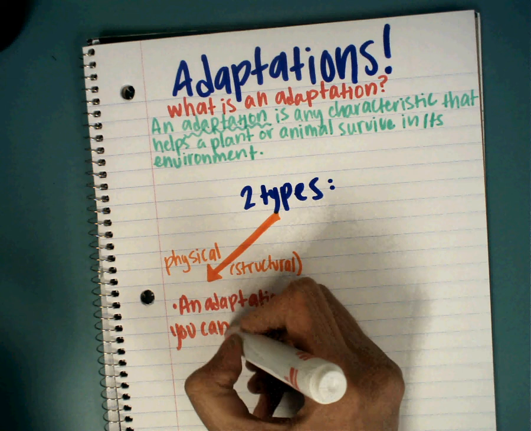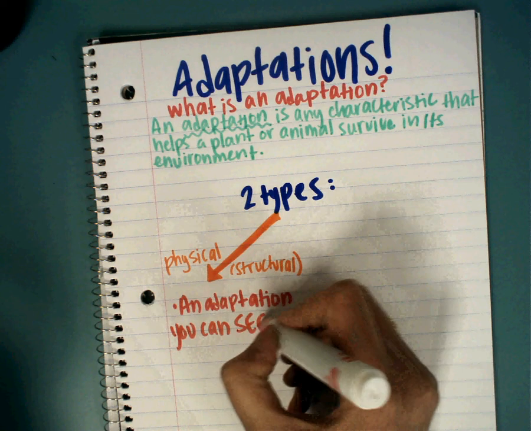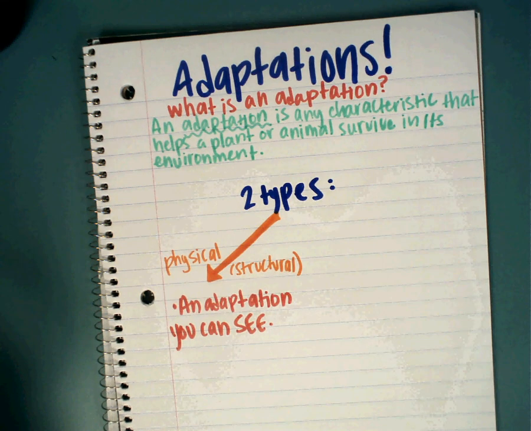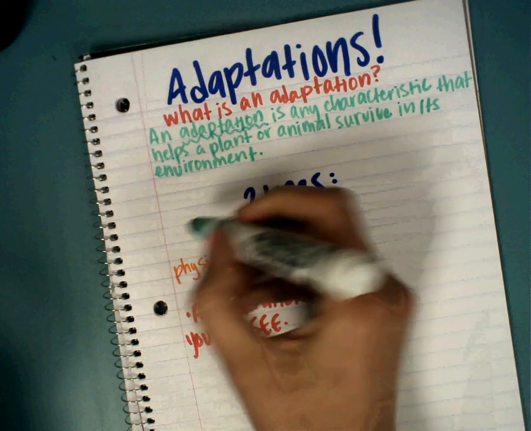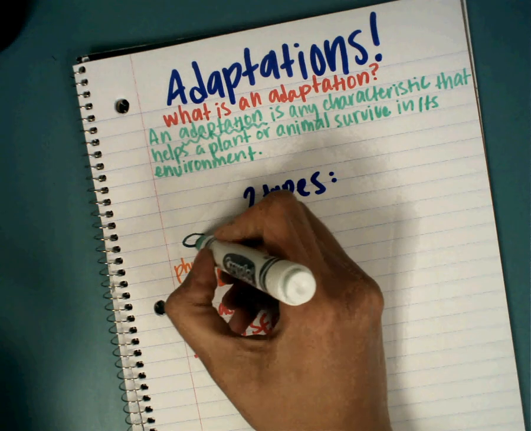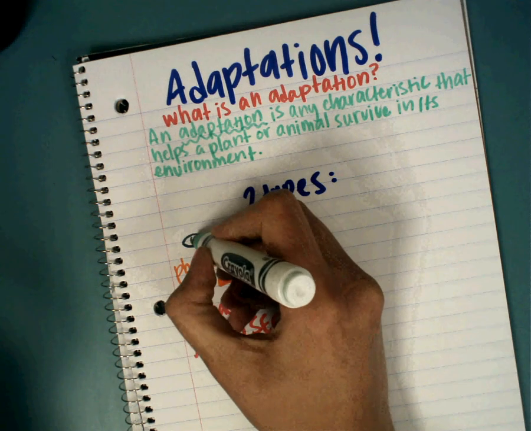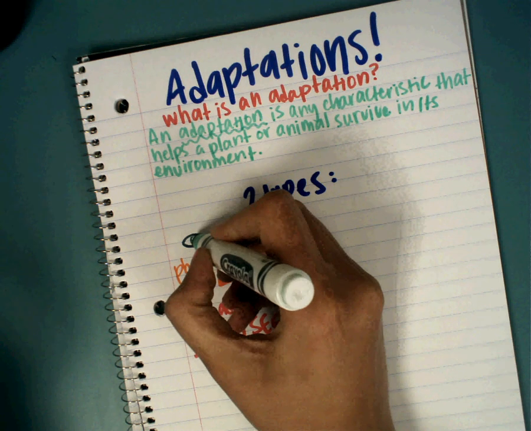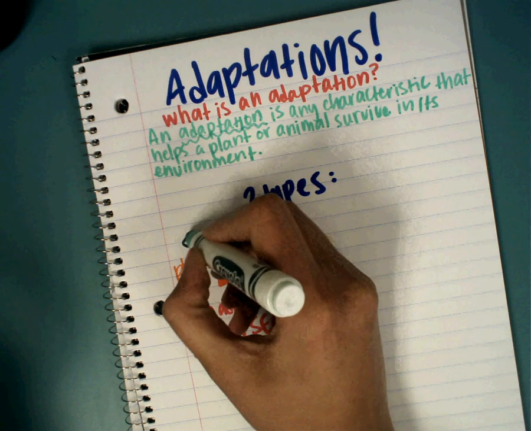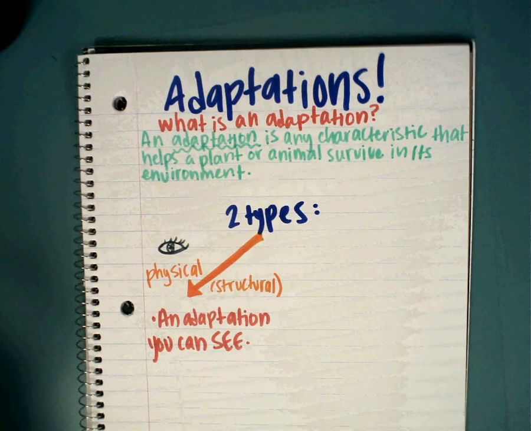Let's even draw a little eye, okay? Let's draw an eye right here. So we know that it's a physical adaptation, something we can see with our eye. That's kind of a creepy single eye right there, I know, but we'll just get over it.